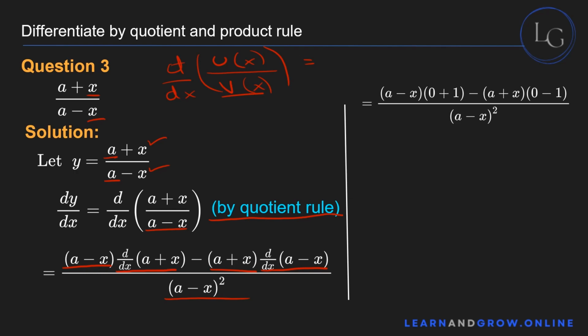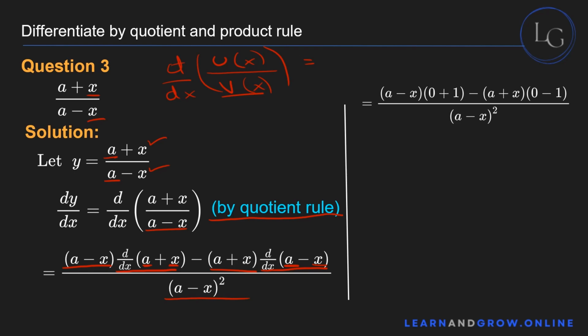The same goes for a minus x, because a again is 0 and x is 1. And by the way, just for clarification, when two things are being added up and you have to differentiate that, you'll basically separate that. You'll take the derivative of a first, and then you'll add that to the derivative of x, and the same goes for here: the derivative of a minus the derivative of x.